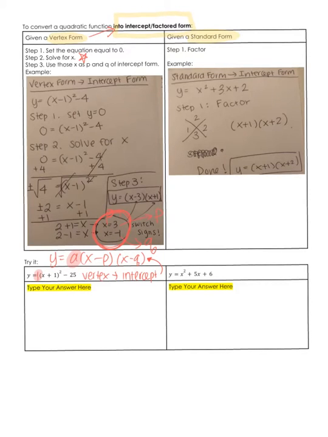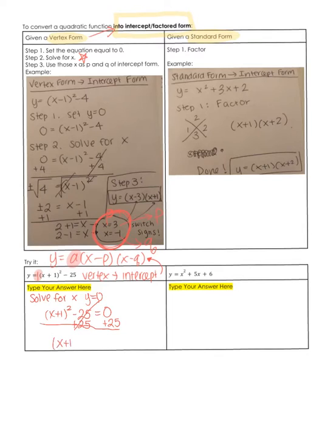Okay, so now we're going to solve for x. In order to solve for x, we have to set the equation equal to 0. So x plus 1 squared minus 25 equals 0. To solve it, we're going to add 25 on both sides.